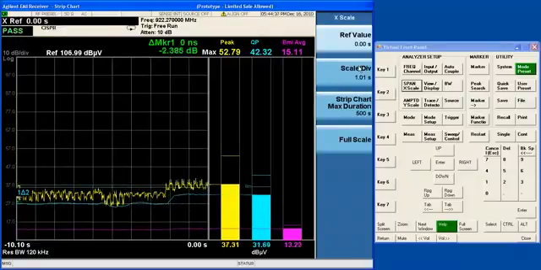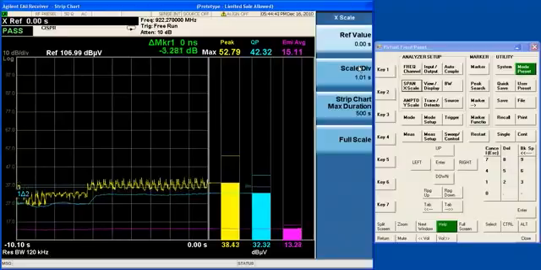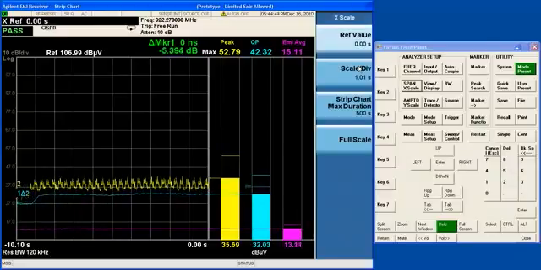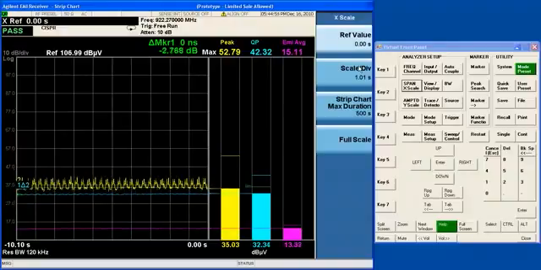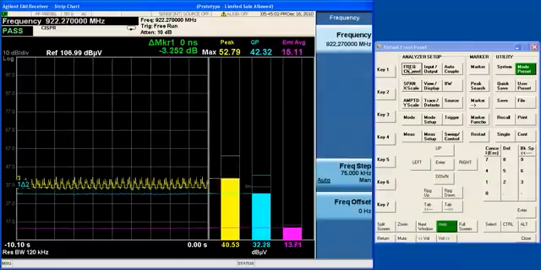And so I can just capture for a minute, and at the end of a minute, I can simply load the trace data with one operation from my strip chart, and I don't have to worry about my computer keeping up with my turntable. It can go and do other things while the strip chart is taking care of recording the data. And now the strip chart measurement is a spot frequency measurement.